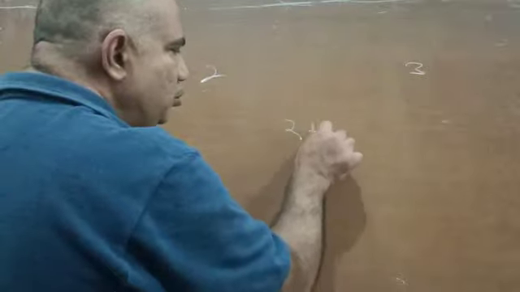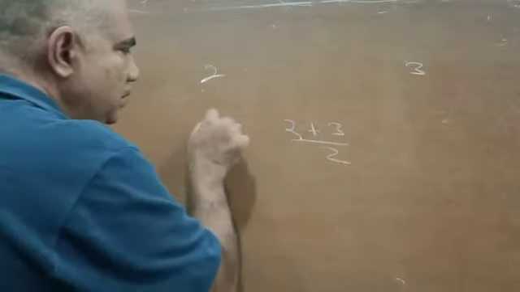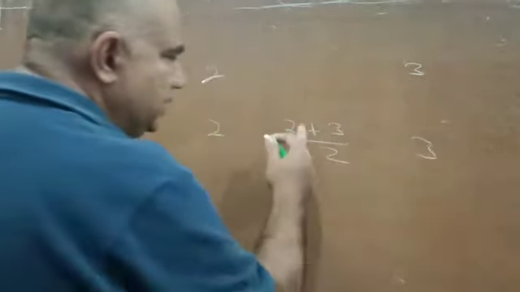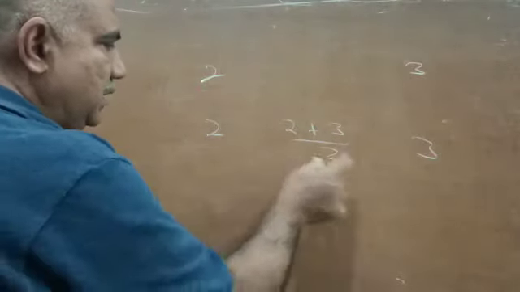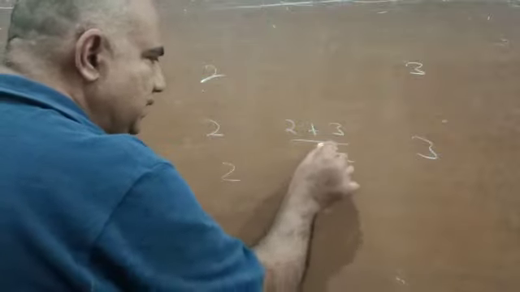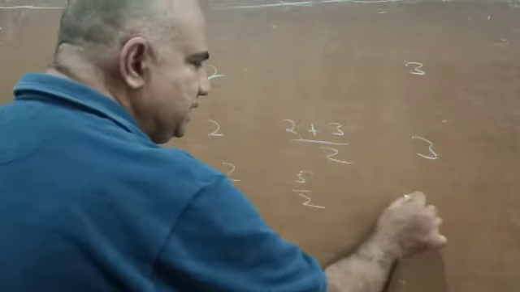So one of the methods is to simply write 2 plus 3 and divide it by 2. So this becomes a number in between these two, 2 plus 3 by 2. Now if I write it, 2, and this is 5 by 2, and this is 3.